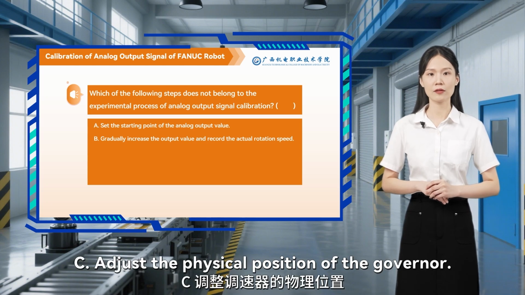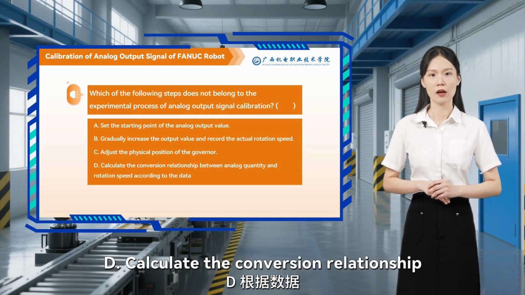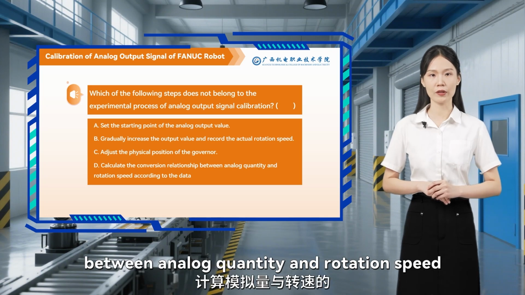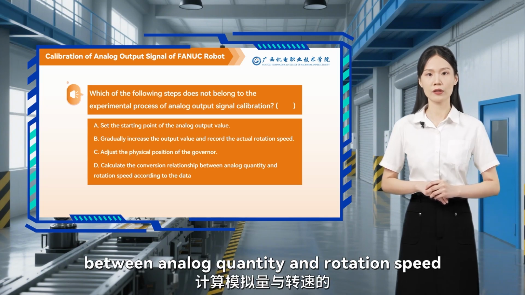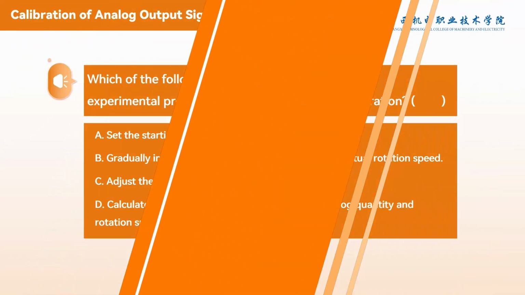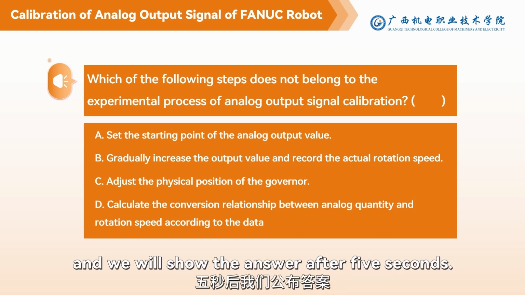C. Adjust the physical position of the governor. D. Calculate the conversion relationship between analog quantity and rotation speed according to the data. I will give you 5 seconds to think, and we will show the answer after 5 seconds.